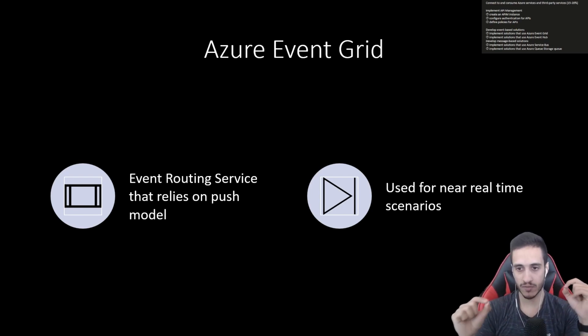And this is typically used for near real-time scenarios because it's actually the only service on Azure that relies on a push model, okay? This is different from other services which rely on a pull model, okay? So with a pull model, you essentially have the consumer pulling events or messages from the entity, in this case Event Grid, or you can have a push model like Event Grid where you essentially have the entity pushing those events or messages to the endpoints.